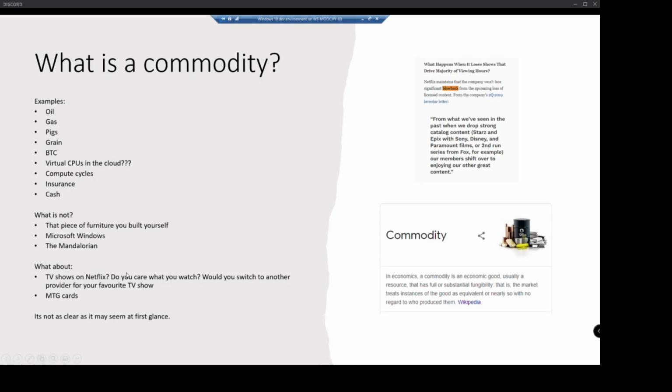But then you get some other examples which are a bit weirder, like TV shows on Netflix. You would say TV shows are clearly not a commodity because they're not fungible. But then look at Reed Hastings, the CEO of Netflix.